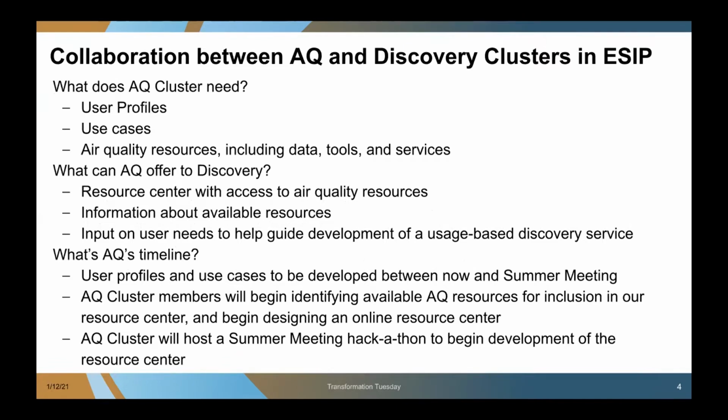And the things that we could help the discovery cluster with is potentially a resource center with more resources than normally are available just outside of the remote sensing data, and information about those resources, and then use cases to help develop specific discovery problems that maybe are not otherwise picked up. AQ, like I said, has some unique situations.